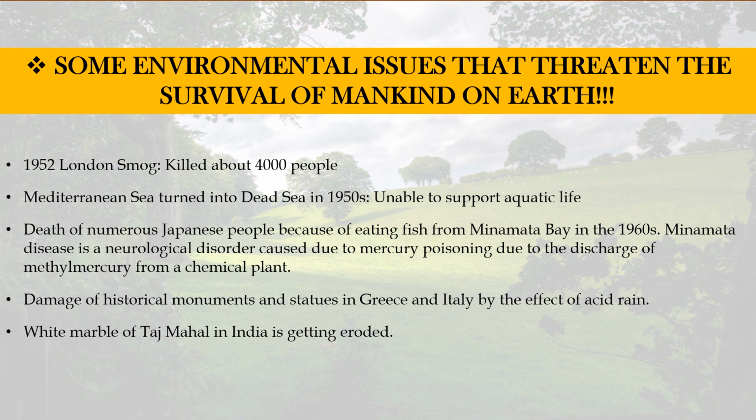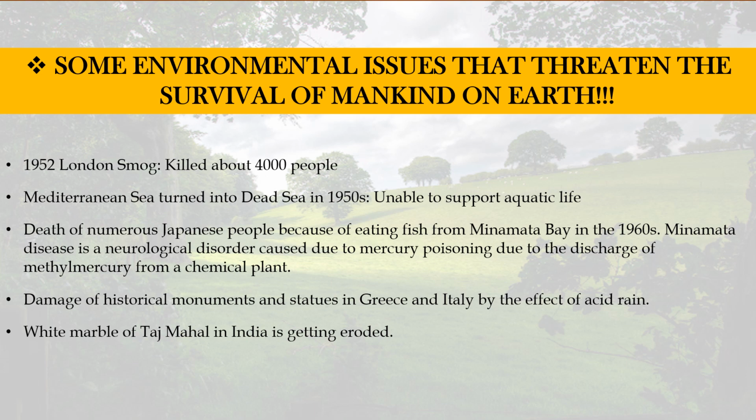Now, these are some of the environmental issues that have threatened the survival of mankind on Earth, like the 1952 London smoke. It killed about 4,000 people, and it was caused due to heavy pollution.